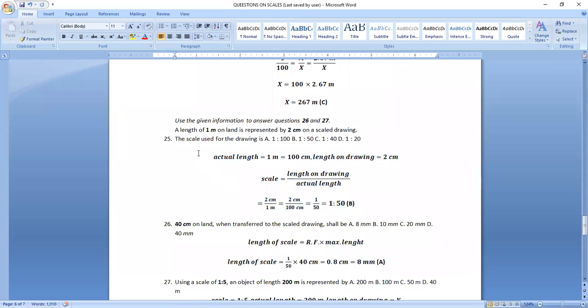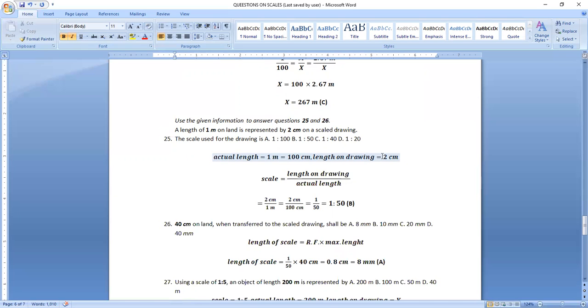Then we have that use the given information to answer questions 25 and 26. A length of 1 meter on land is represented by 2 centimeters on a scale drawing. So for the scale used for the drawing, the actual length is 1 meter, which is equal to 100 centimeters.